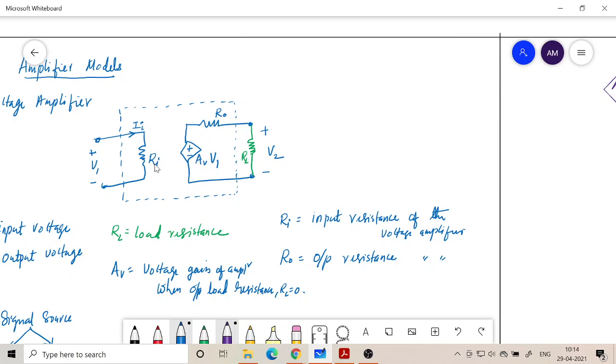So we need to find out that condition. It is not just that for any value of Ri, Ro, AV, it will function as a voltage amplifier. Under certain conditions it will, and that is what we are going to look at now.